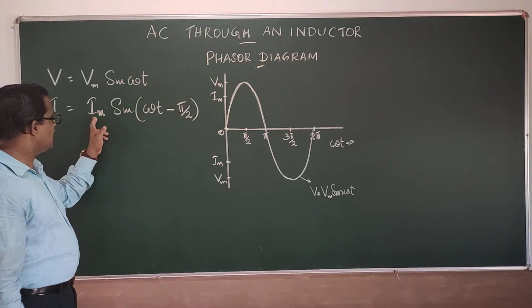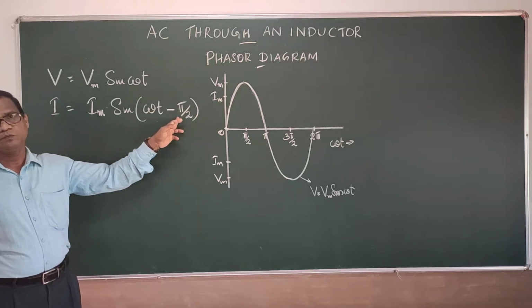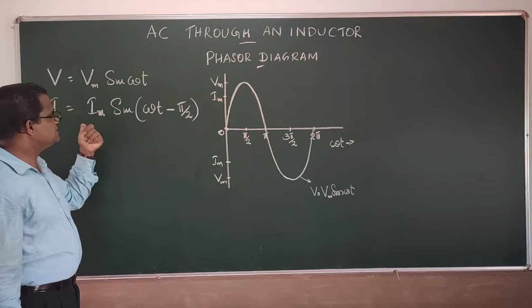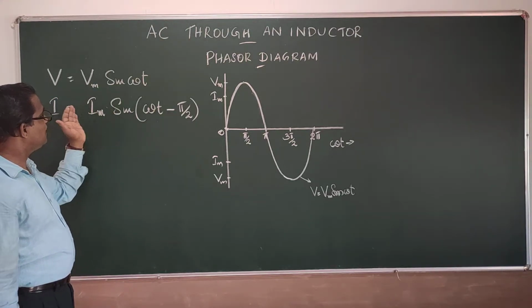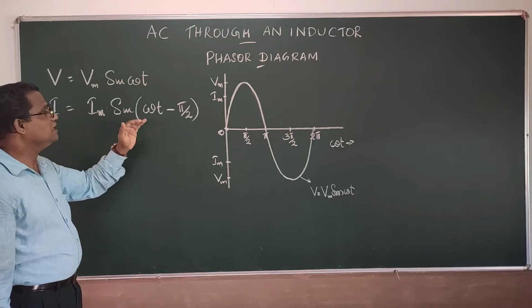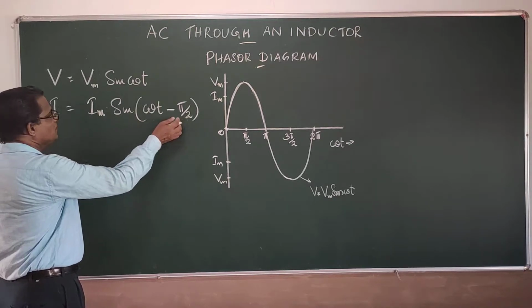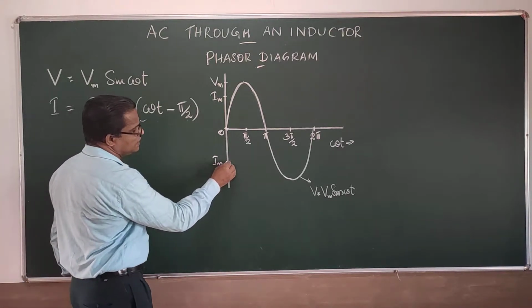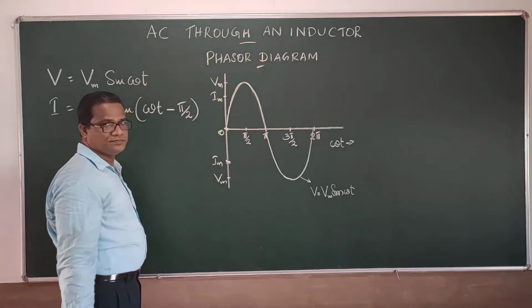That means Im sin(minus pi by 2) will become minus of Im sin pi by 2. Since sin pi by 2 is 1, I equals minus Im. That means it will be here. So when the voltage is 0, current will be here.